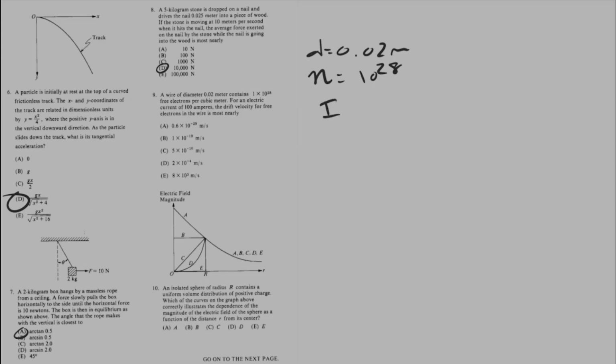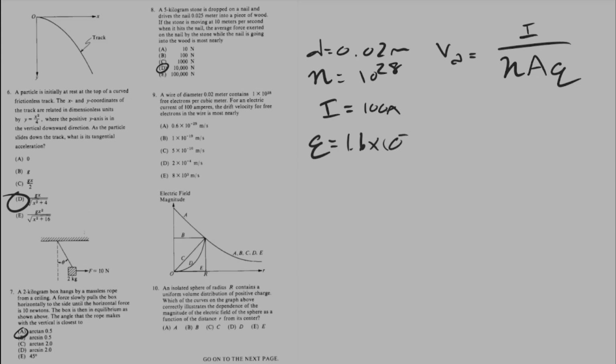Electric current of 100 amps. Find the drift velocity. So the equation for drift velocity is current over number of particles times the area times the charge of the particle. So that is 6-ish, 10 to the minus 19 coulombs.